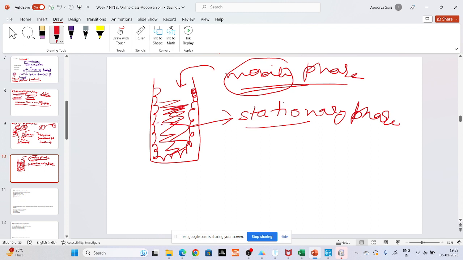between the two phases. Please try to understand this concept, because once it is clear to you, then whatever different chromatographic techniques we discuss, whether it is ion exchange, adsorption, or gel filtration, everything would be clear. The basic principle is what I am trying to explain.